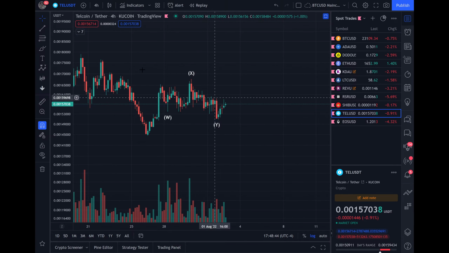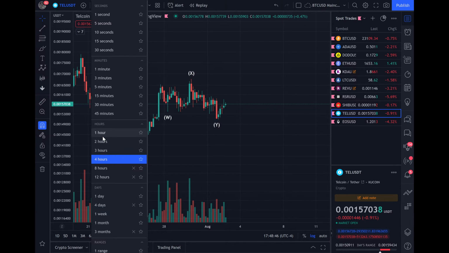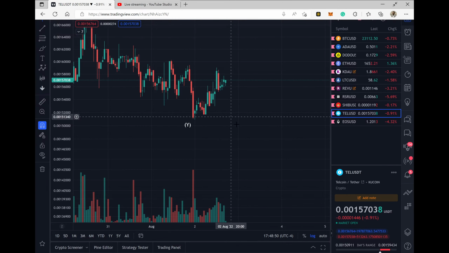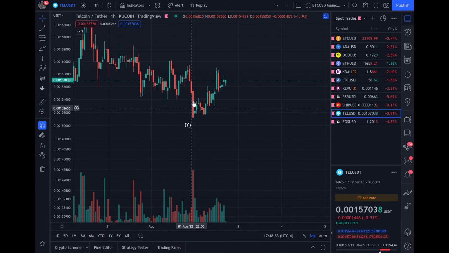Now it's consolidation reversal time. As to how long the consolidation reversal takes, I don't know. But from what we're reading here, we've gotten this A wave, B wave. This might be the start of the impulse right here. Or it may be a double zigzag. I don't know. That's corrective waves, right?